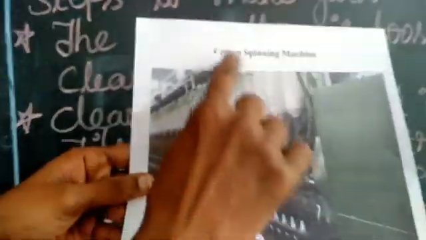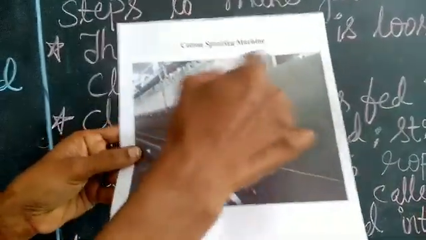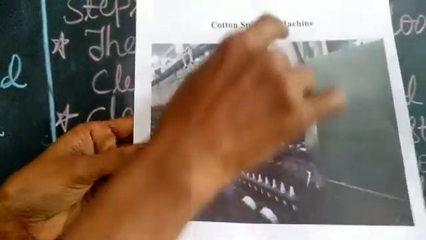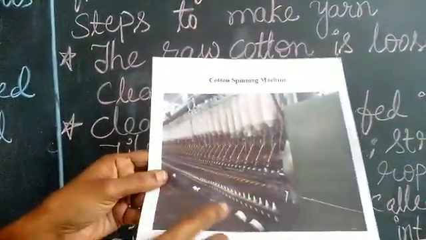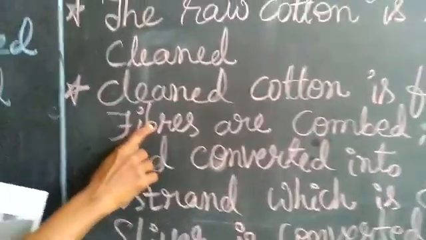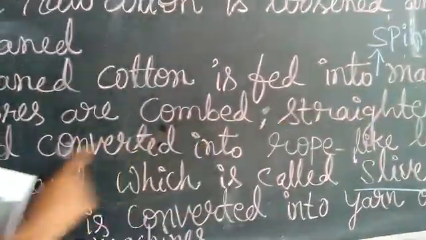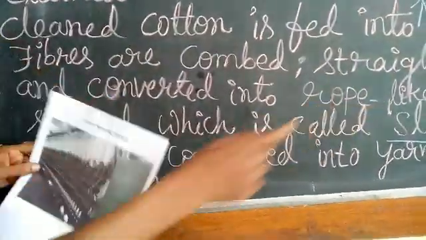Here is a spinning machine, you can see in this picture. The cotton yarn spools, the big reels, are put into the machine and fabric is obtained here, cotton fabric. In the last step, the cotton is fed into the spinning machine, and fibers are combed, straightened and converted into a rope-like loose strand which is called sliver.